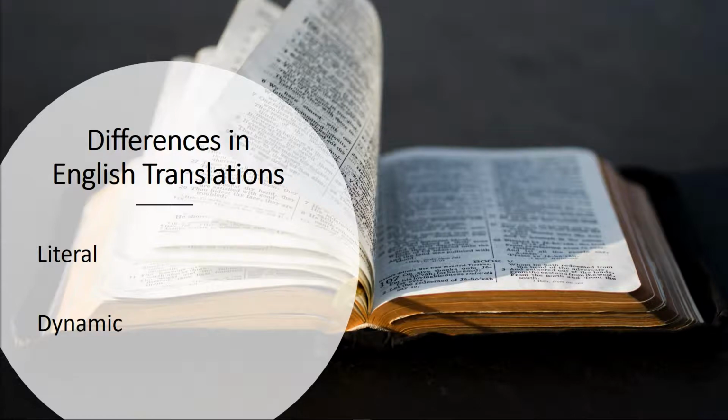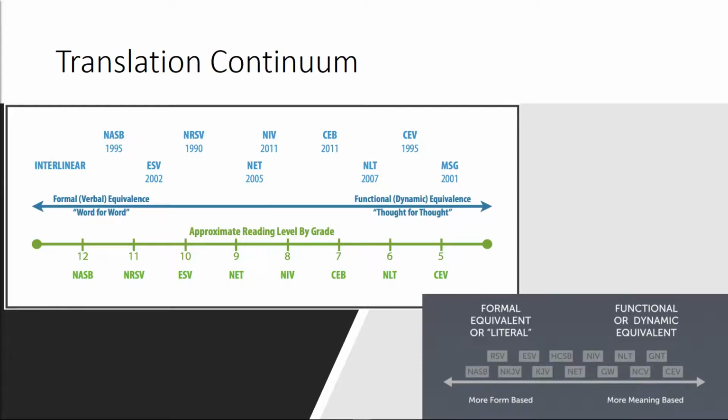Now, one of the things that both the literal and dynamic translators have tried to do is to create committees to do the translations, and thus try to get away from just one person's interpretation of a passage. Here's a couple of different ways to think about Bible translations, and again, you can see the continuums.